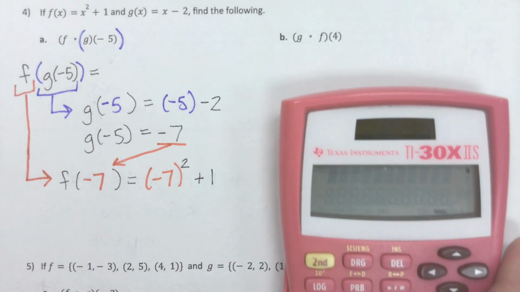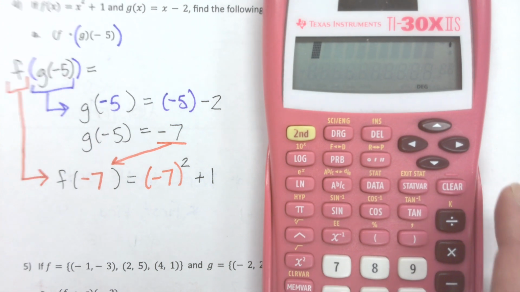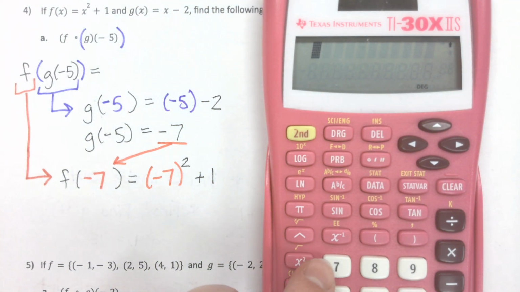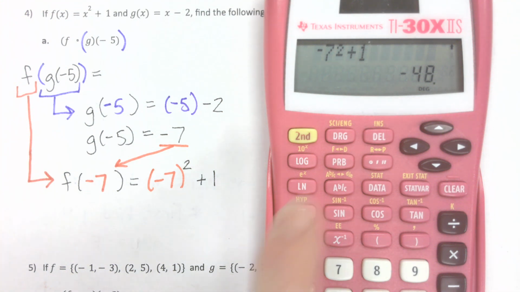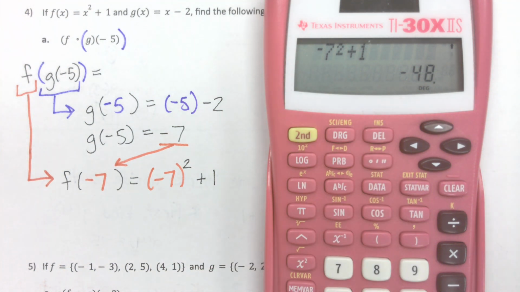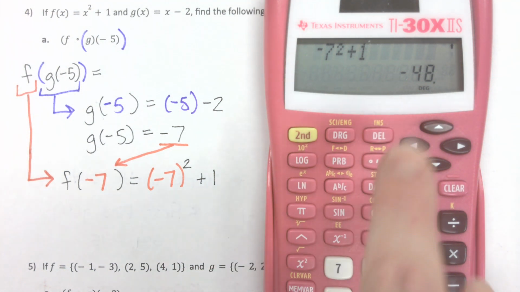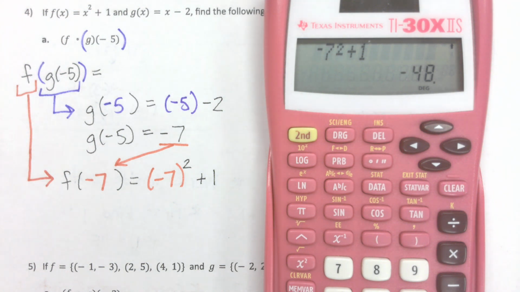Now again, I make a big deal about this because this happens every single year. This is wrong. Can someone tell me what is wrong about what I put in the calculator? I didn't put the parentheses. For some of you, parentheses are no big deal. It is a big deal. The calculator reads it differently if you don't put the parentheses there. So I will not get negative 48 when I type it in correctly.